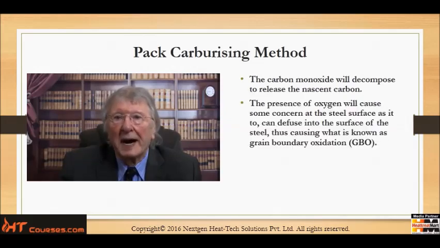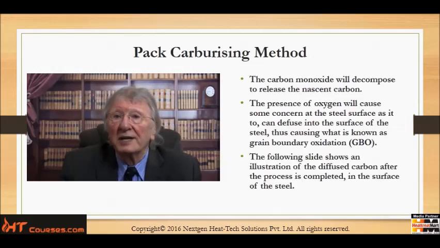The presence of carbon will cause some concern at the steel surface, as it can diffuse into the surface of the steel, thus causing what is known as grain boundary oxidation, or GBO. This is a guaranteed event that will occur with the form of pack carburizing.